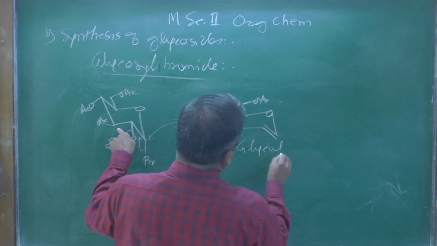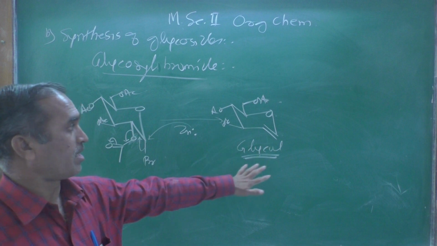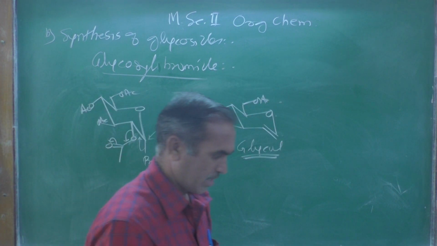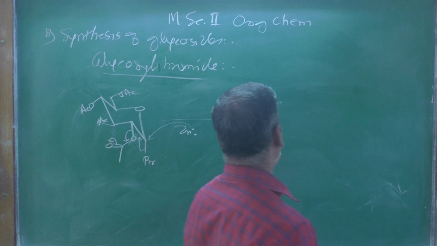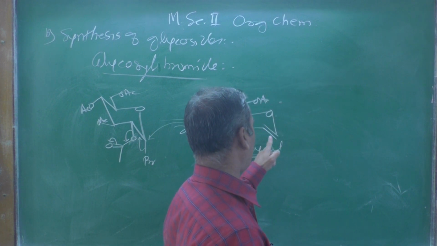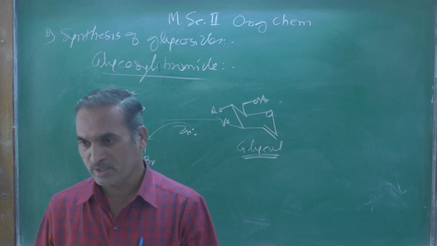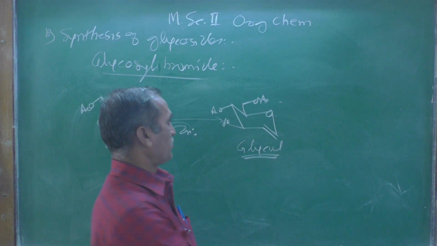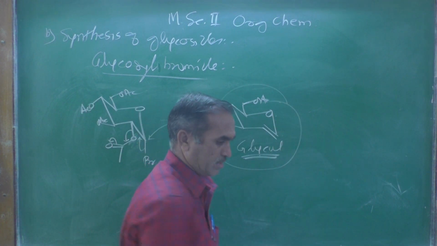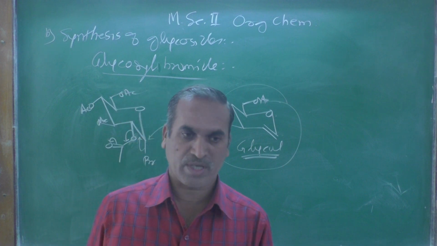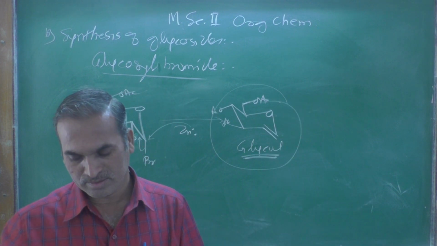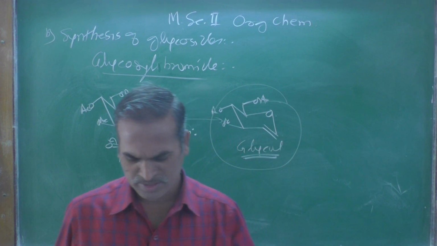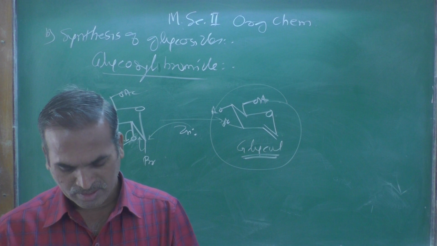This is nothing but a glycal, right? Glycal. Yesterday we have seen this glycal is a very important one. When it is treated with another monosaccharide unit, they get combined over there, with the electrophile over there. By using this glycal and another monosaccharide unit, we can get oligosaccharides.